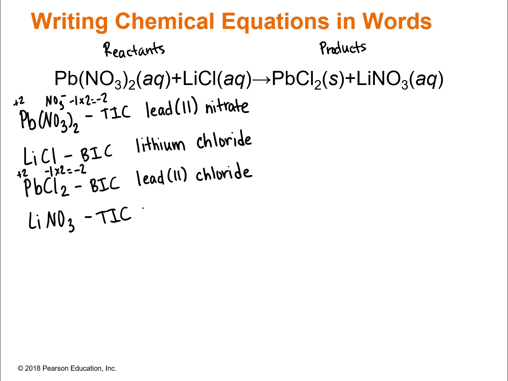And then finally, lithium nitrate. I already know that lithium is +1. It's in group 1. And the nitrate ion is -1. So those are all the names. How did we do with naming?